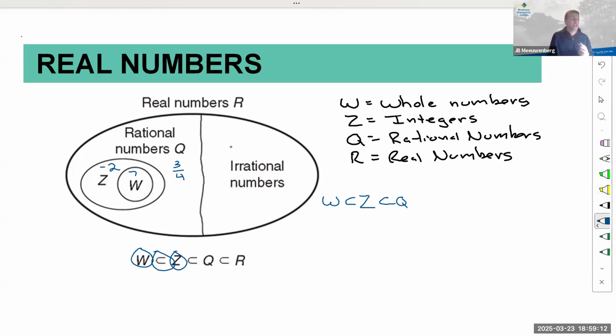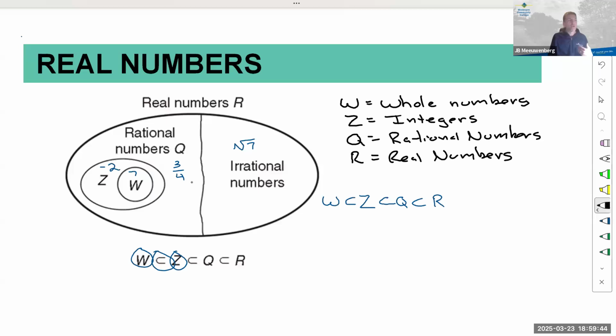Irrational numbers, again, are numbers like the square root of 7. Can't be written as a fraction. When we put it all together, like I said, this makes the bucket of real numbers. And so Q is a subset of R. Q is a subset of R. Another thing to note is that for rational numbers and irrational numbers, there are no numbers that overlap.